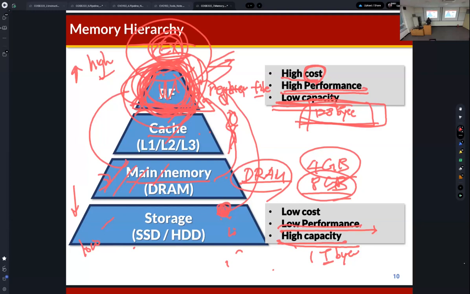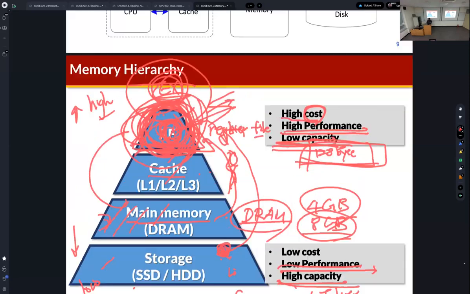And because this small amount of data will be requested again and again, it can exist in the high-level memory, and then the processor can read the data from the high-level memory very quickly. Okay, so this is the memory hierarchy.